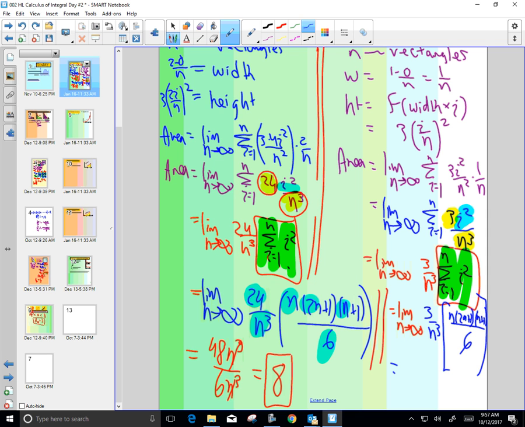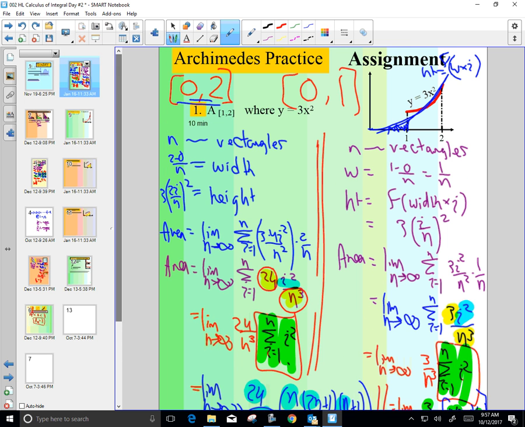And for this guy, if you highlight those, sorry that this is so little hard to read, but it's 3n times 2n times n, and that's going to be 6n cubed over 6n cubed, which is what? 1. So the area is which? 8 or 1? It is 8 minus 1, which is 7.